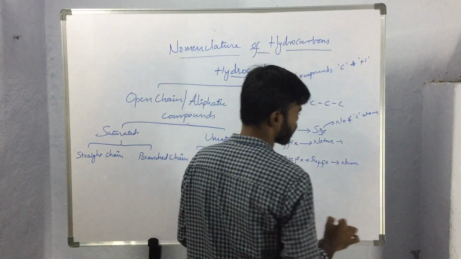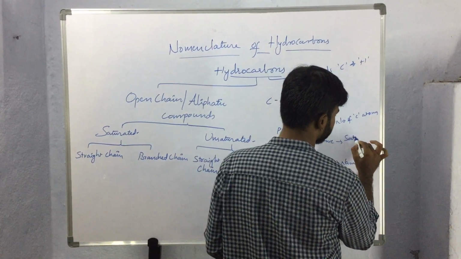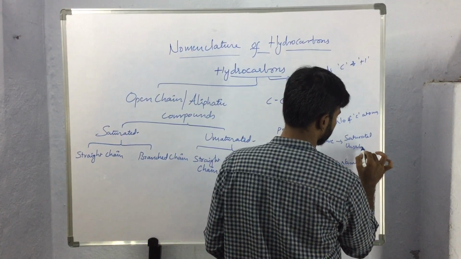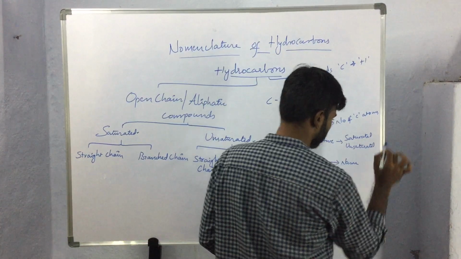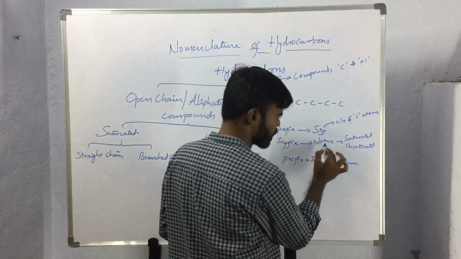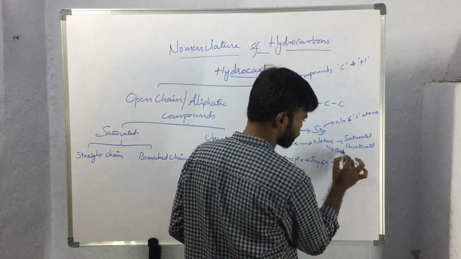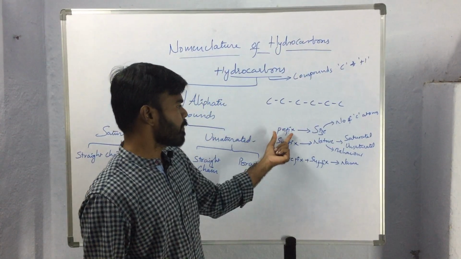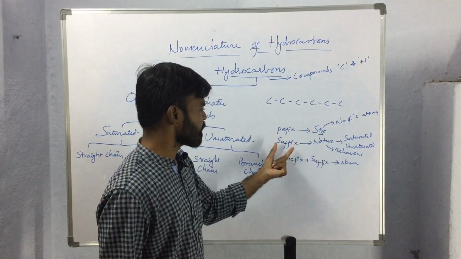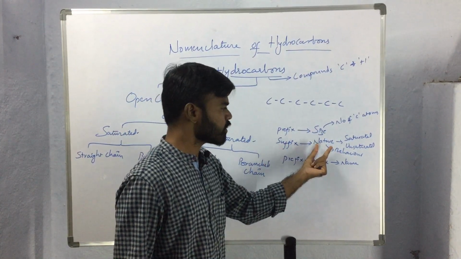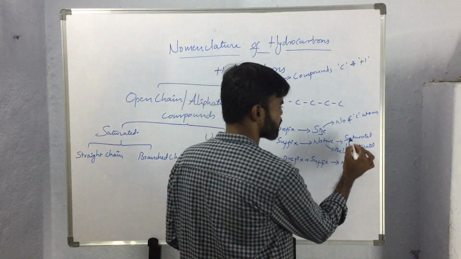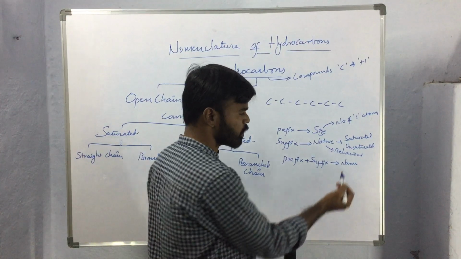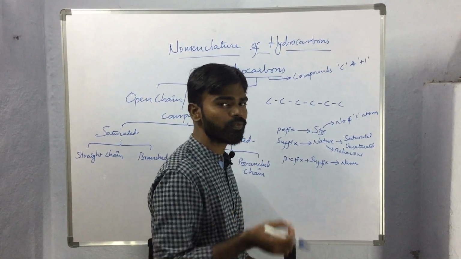That means whether it is saturated or unsaturated, or we can say the behavior of the compound. So prefix indicates the size of the compound, suffix indicates the nature of the compound. In this nature, so far we have seen the state of saturation. Coming to the behavior of the compound, we will discuss that when we enter into functional chemistry.